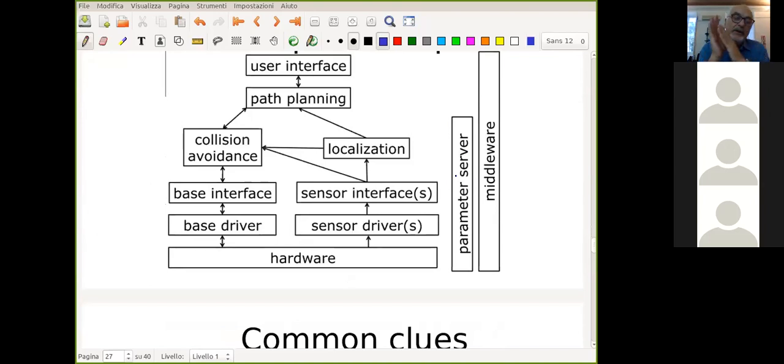So normally a good technique is not to embed the parameters in each module, but to provide a parameter server that is a node itself, inside the middleware. And so you have one central point in which to trim parameters, a central node.